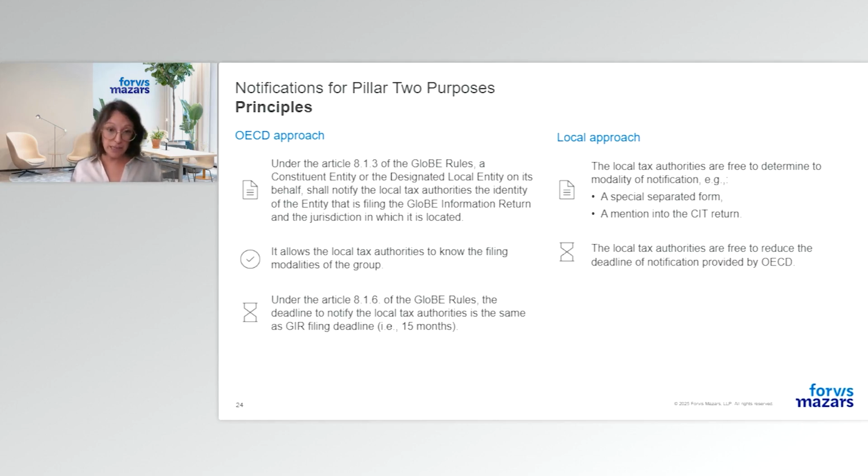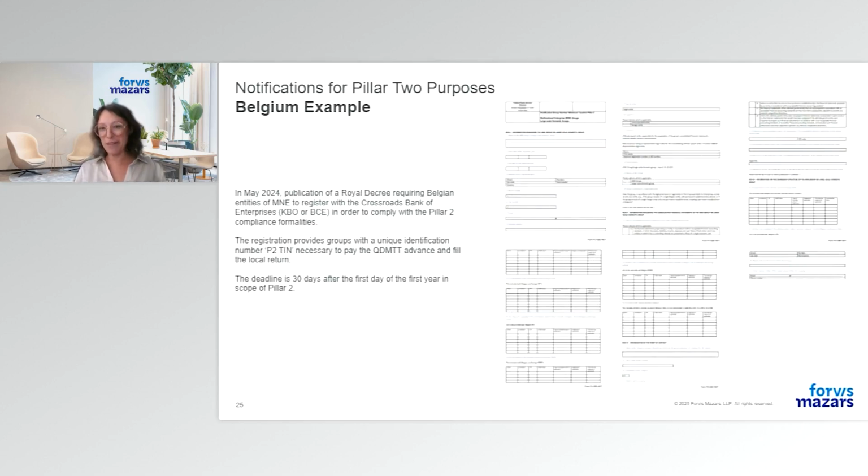I think the next slide is a good example. So the Belgium example is a good example of local variation. I think it went further than the OECD requirement by asking for a comprehensive description of the structure of the group, with the identification of the UPE, so it's normal, the intermediate parent entities, the partially owned parent entities, the minority-owned parent entities, and the jurisdiction in which they are located.